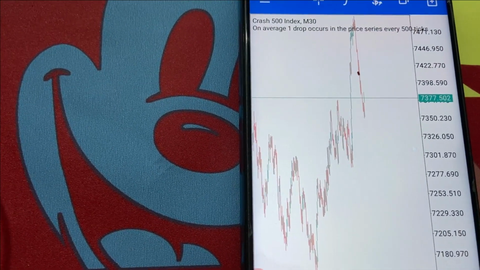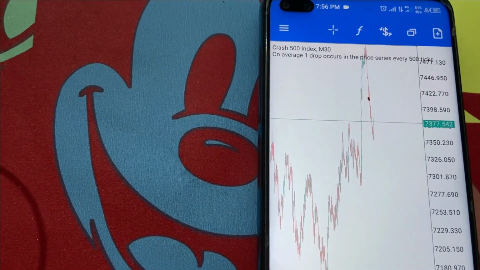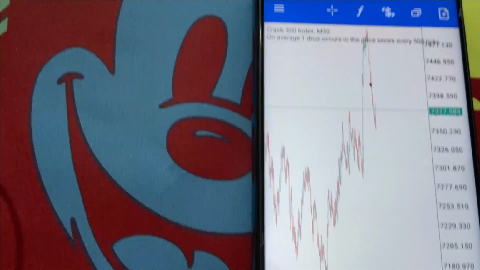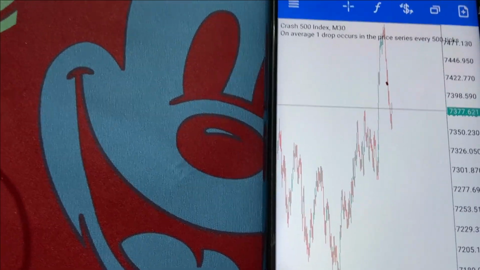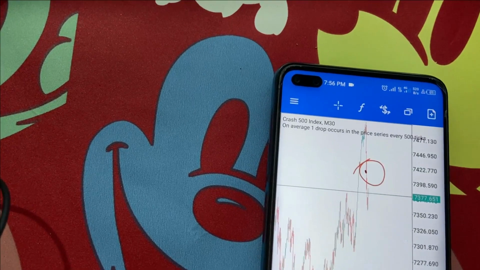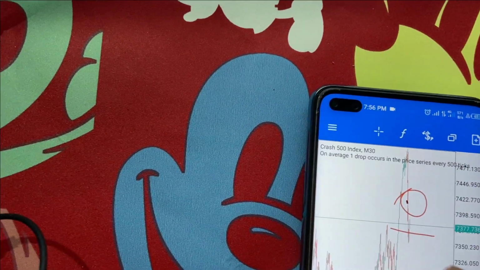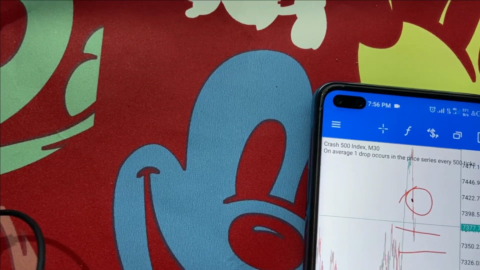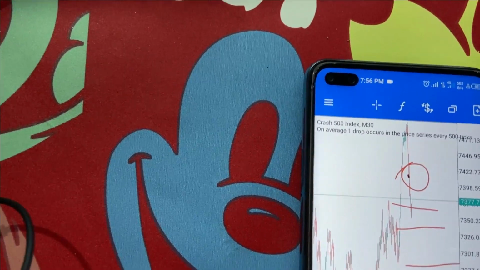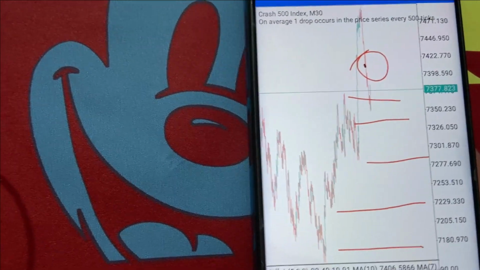As for me, if I were to place a trade against spikes, I would probably wait until it touches this level, and this level, and the last this one and this one. These are more like order blocks.